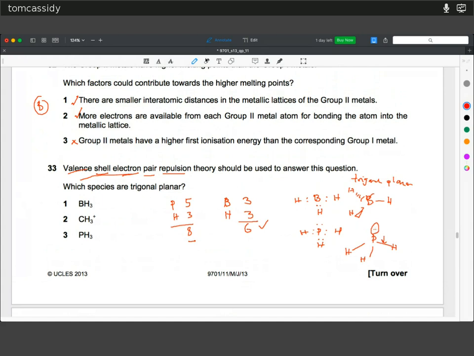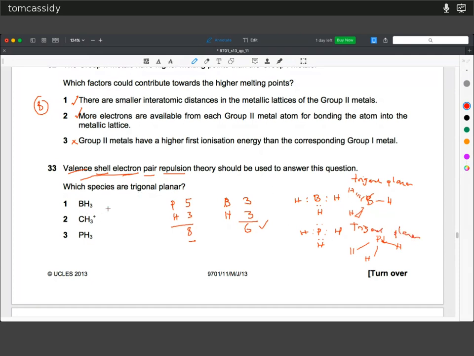So if we look not at the electron domain geometry, but the molecular geometry, you can see that we've still got 3, so it's trigonal, but these are like the legs of a stool, a pyramid.